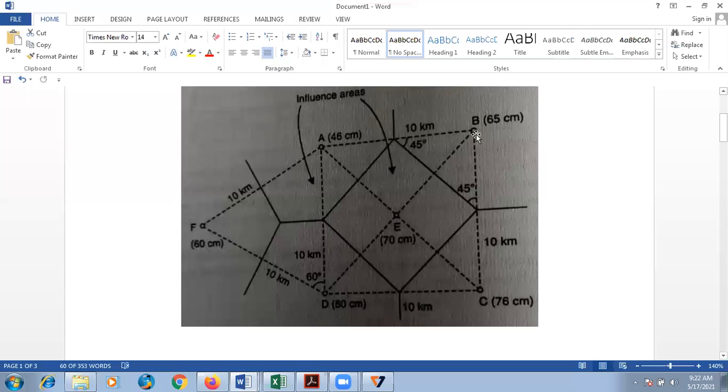The triangles, for illustration, are triangle AEB, BED, DEC, CEB, AED. Likewise, you can join all of that and get various triangles within this particular watershed.